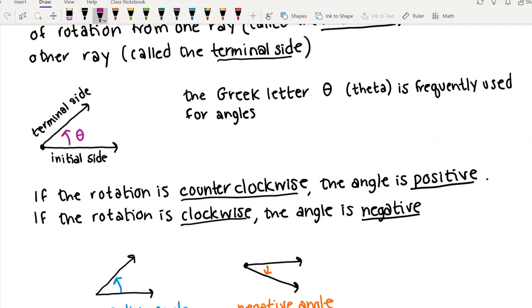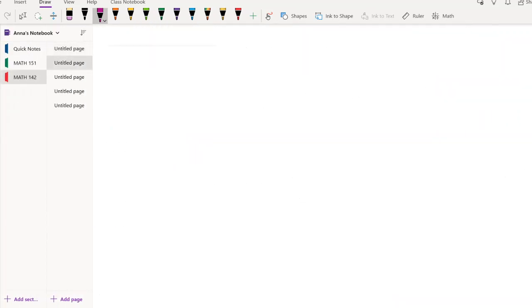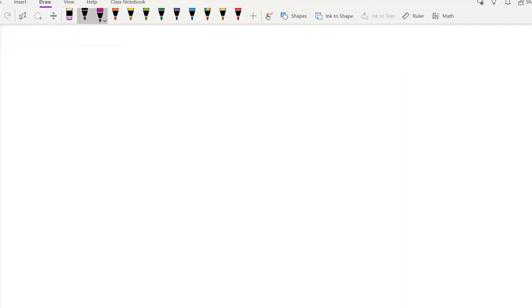Okay, so let's draw some of the most important angles that are out there, and then I'll ask you to try some yourself. Basically, you can have an angle of any number you want. You can have an angle that's 23 degrees or 41 degrees or pick any number and you can have an angle with that number of degrees in it.